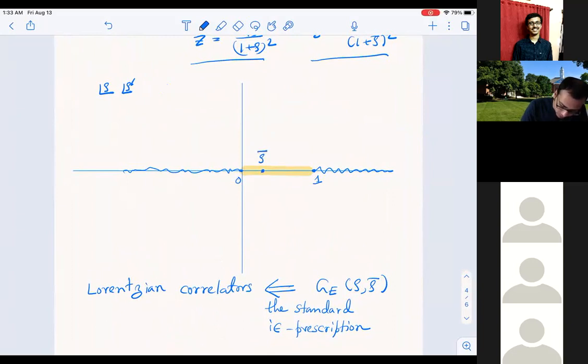But for rho, we start with a point which is below 1, and then we analytically continue above the branch cut. So this gives you the Regge correlator.